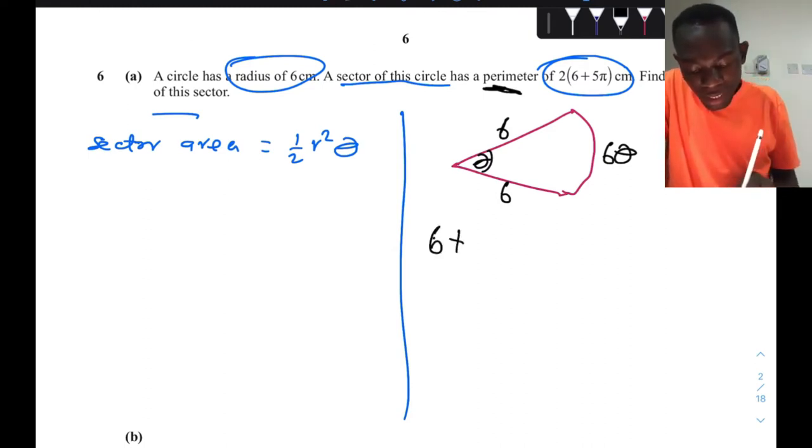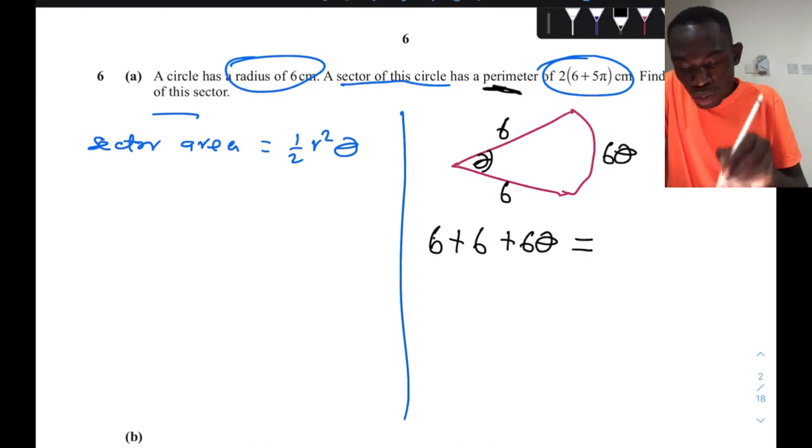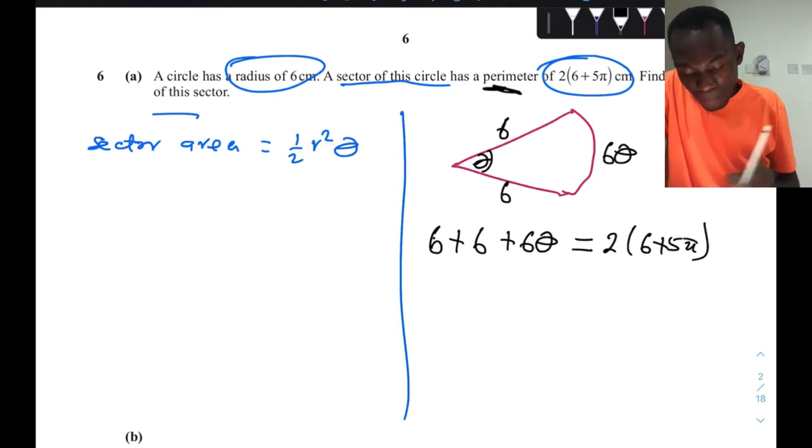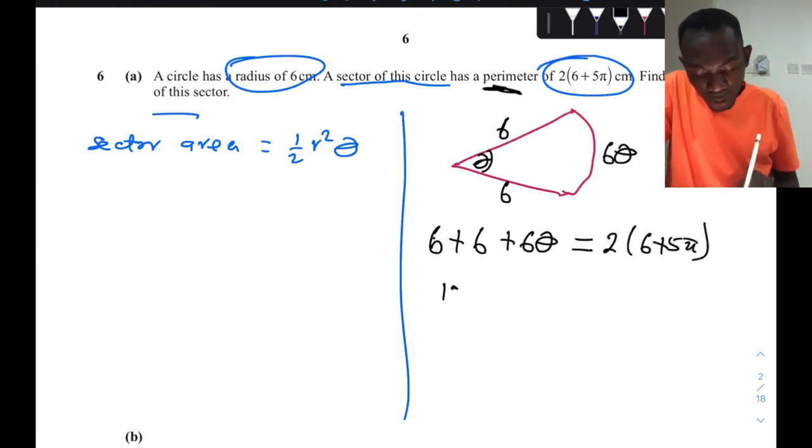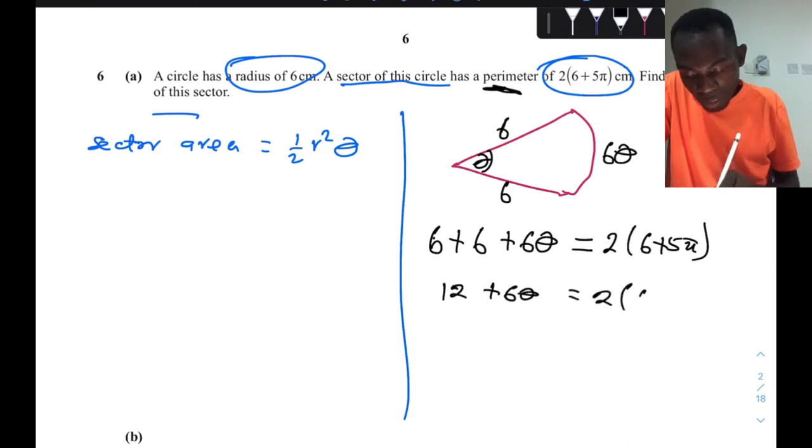That's 6 + 6 + 6θ. We can equate this perimeter to the perimeter that is given in the question.